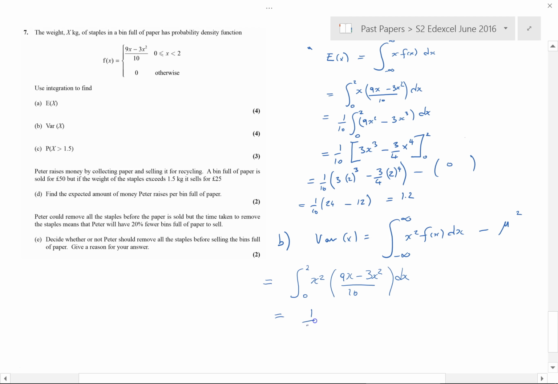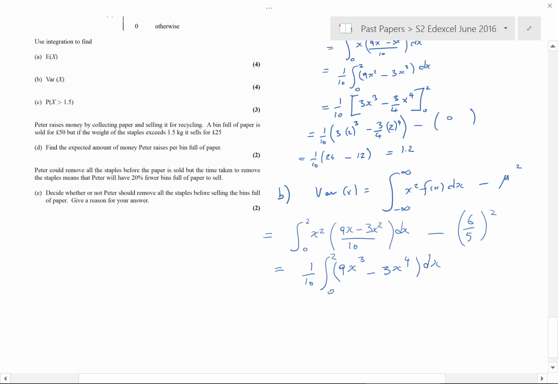So that equals 1/10 of the integral from 2 to 0 of 9x cubed minus 3x to the 4 dx. I've forgotten to take away the mean, which is 12 over 10 or 6 over 5 squared, 1.2 squared. Take away 6 over 5 squared.